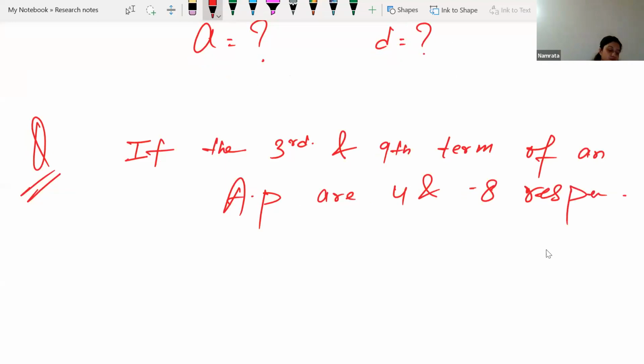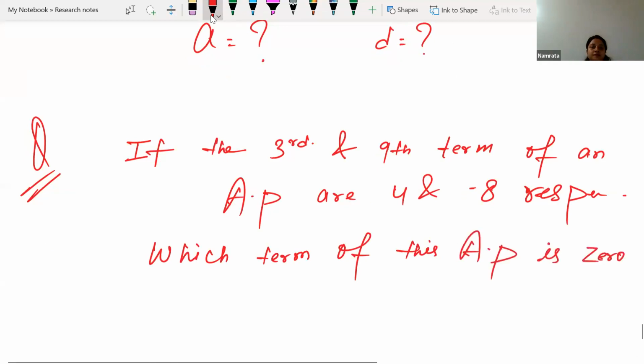Respectively, which term of this AP is... how to do this one? Anyone? Same way, right?